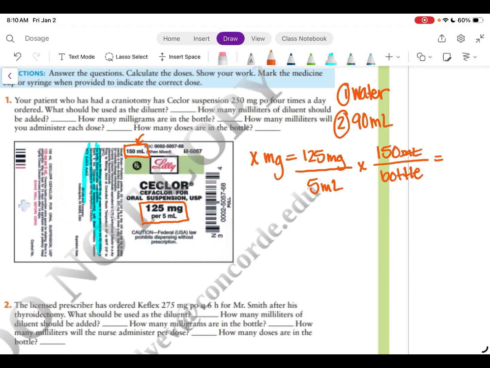So my milliliters will cancel out, leaving me with my milligrams for the whole bottle. Let me do 125 times 150, and then I divide by 5. So I get 3,750 for that question. Okay.